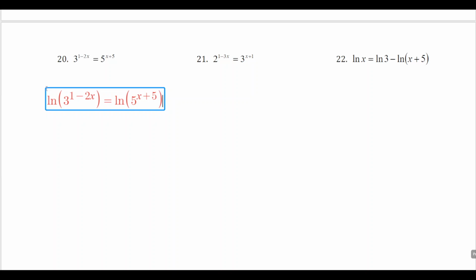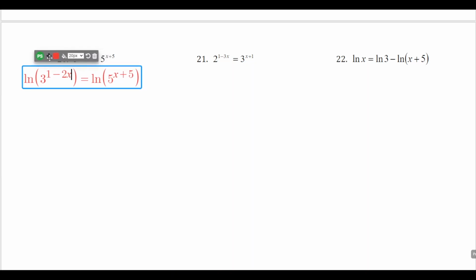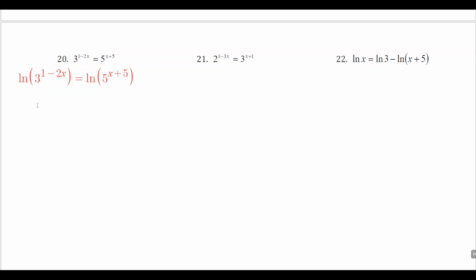At this point, we can rewrite the exponents as coefficients using the power property, very useful property. And so we get 1 minus 2x, this whole thing, times the natural log of 3. I'll even throw in a little multiply there to make that obvious, equals x plus 5 times the natural log of 5.